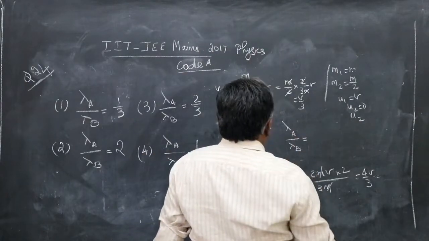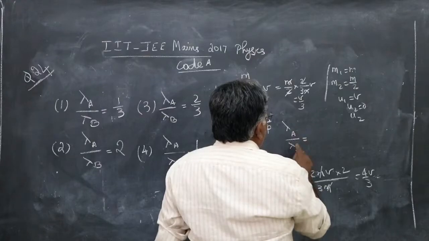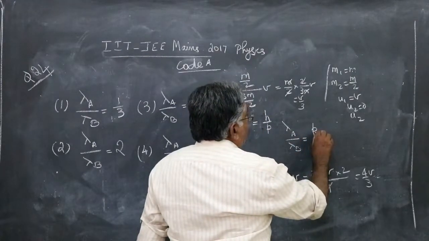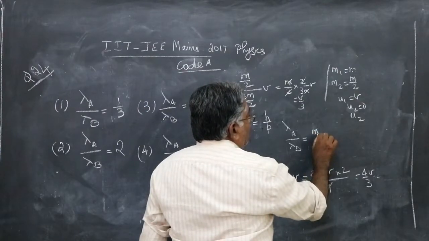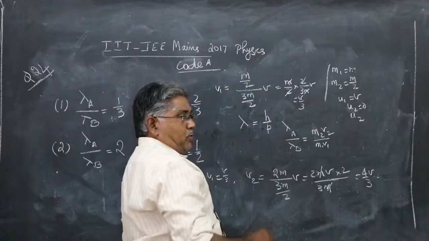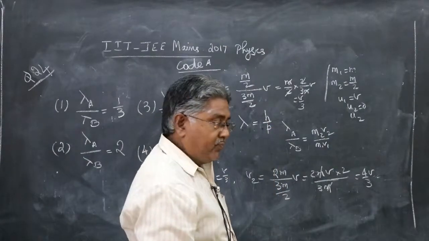You can write lambda A by lambda B as m2 v2 by m1 v1, because it is inversely proportional to momentum, and the momentum formula is mv.